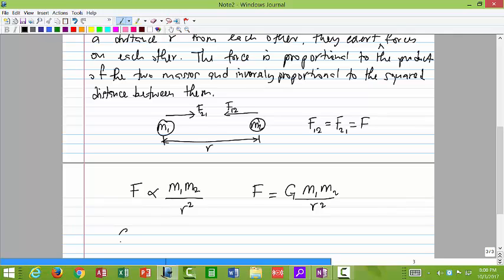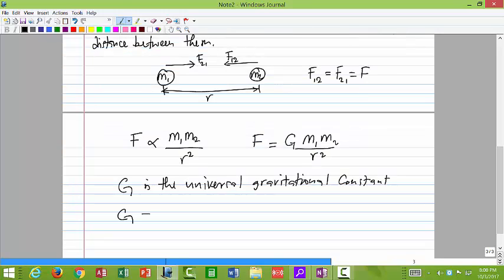We shall say that G is the universal gravitational constant. G has the value of 6.67 times 10 to negative 11, and this is going to be newtons meter squared per kilogram squared.